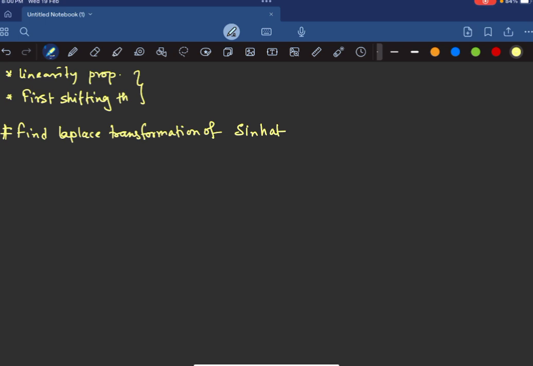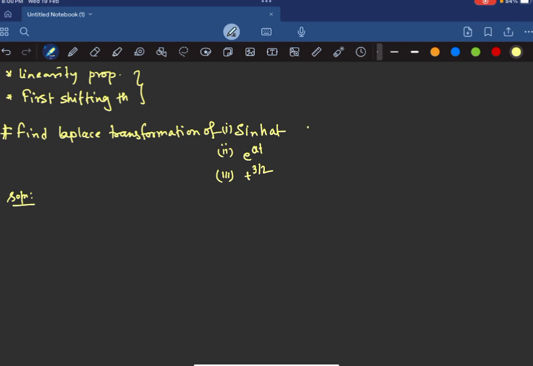Question number 1: find the Laplace transform of e power at. Then t power n we already discussed in the last lecture. Now suppose I want to get the Laplace transform of t power 3/2. Here one by one we'll see the solutions.